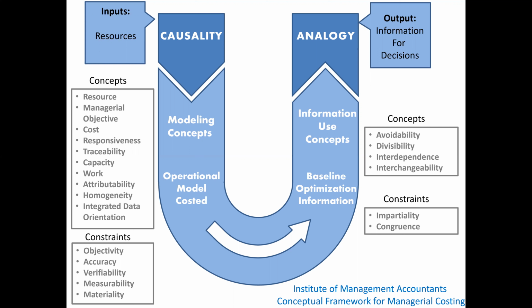The IMA's conceptual framework for managerial costing is available on the IMA website at imanet.org. But the goal of this is to focus on representing the reality and economics of operations for internal decision-making. That means unimpeded by accounting rules and standards.